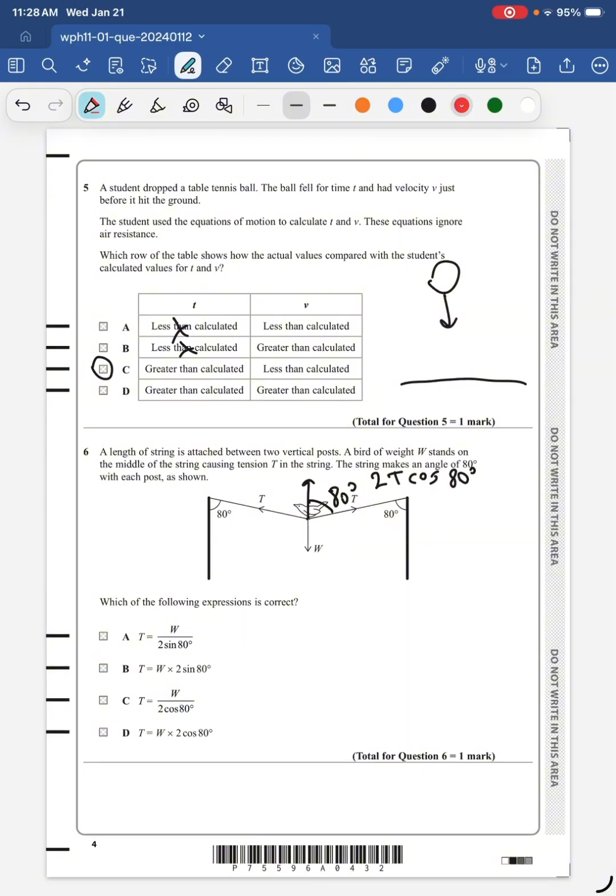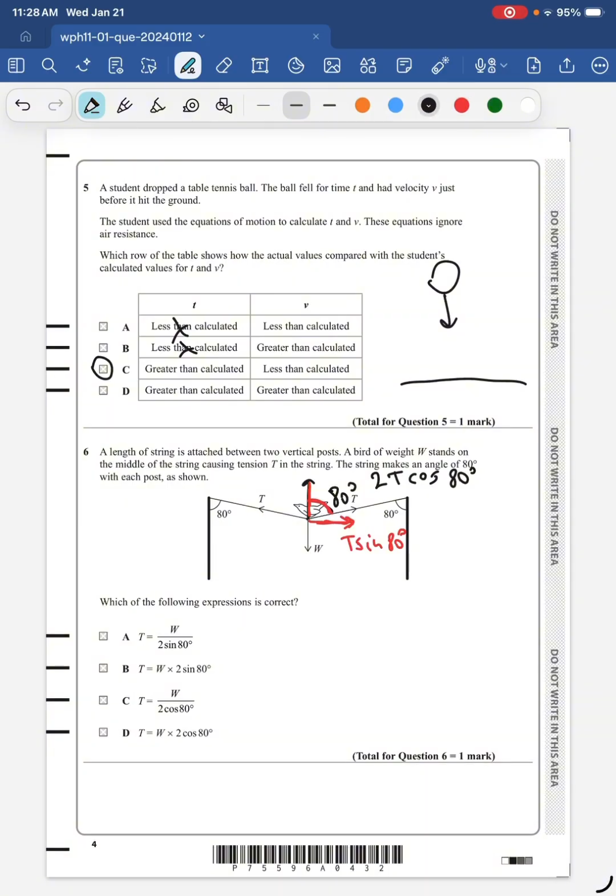But anyway, the rule I have in my head whenever I analyze forces is that when the angle touches the vector, so in this case the 80 degrees angle touches the vector, then whenever it's touching, it's a cosine. Whenever the angle is not touching, for example this component would be T sine 80 degrees, because the 80 degrees angle does not touch this component vector. I hope this makes sense.